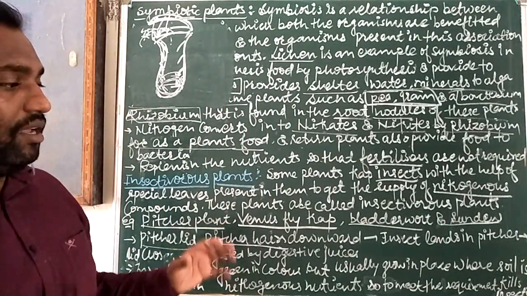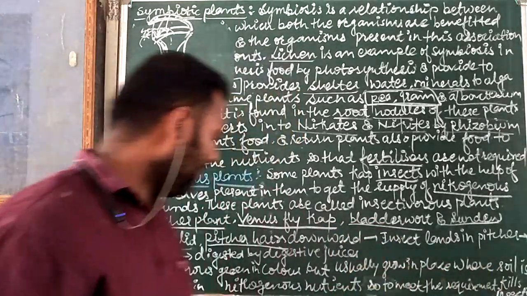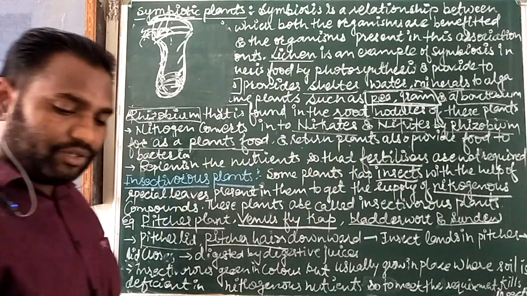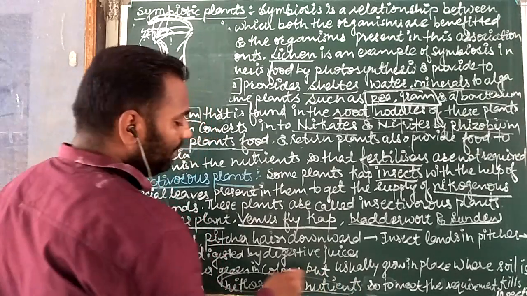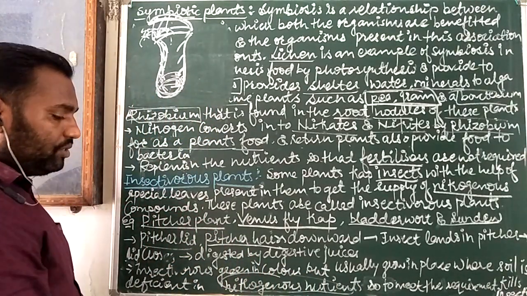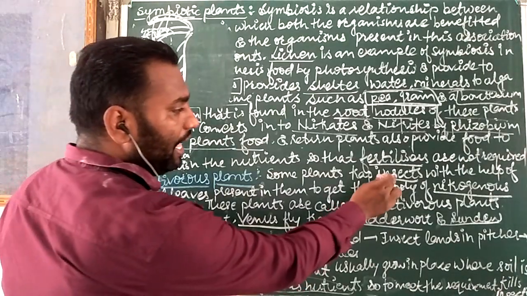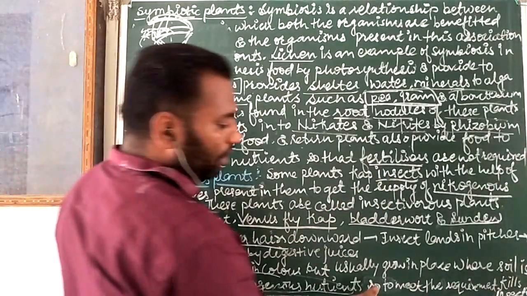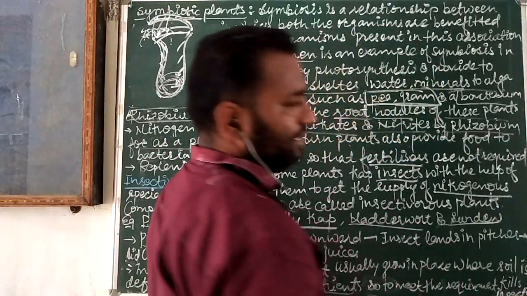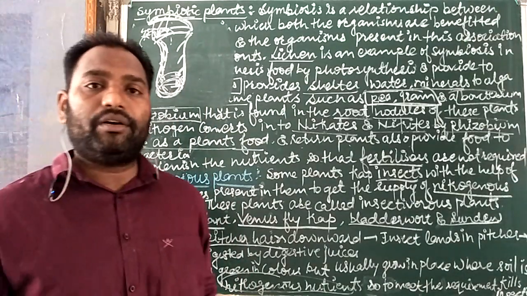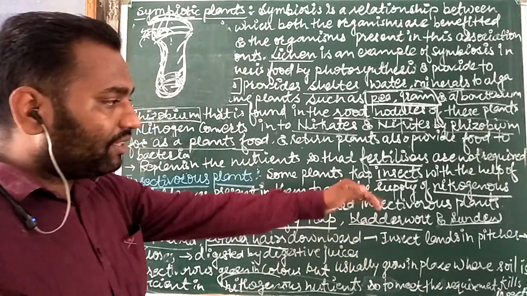Generally they are green in color, but their growing place, the soil, is deficient in nitrogenous nutrients. It means the plants cannot fulfill the requirement by this green color. So the nitrogenous nutrients or compounds they can get with the help of insects. To meet the requirement, they kill the insects, through which they get the nutrients.